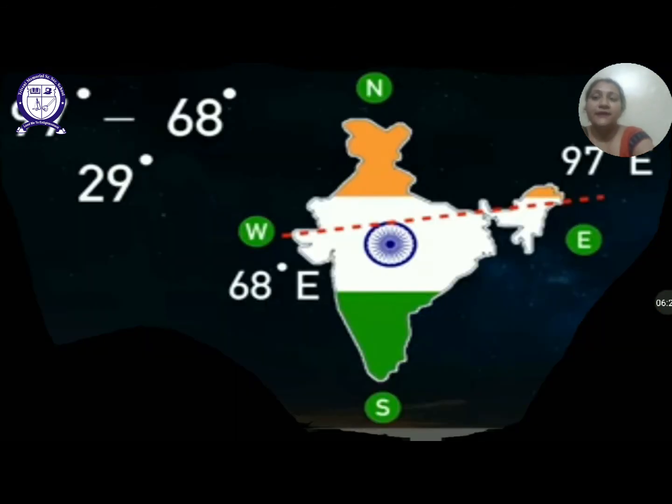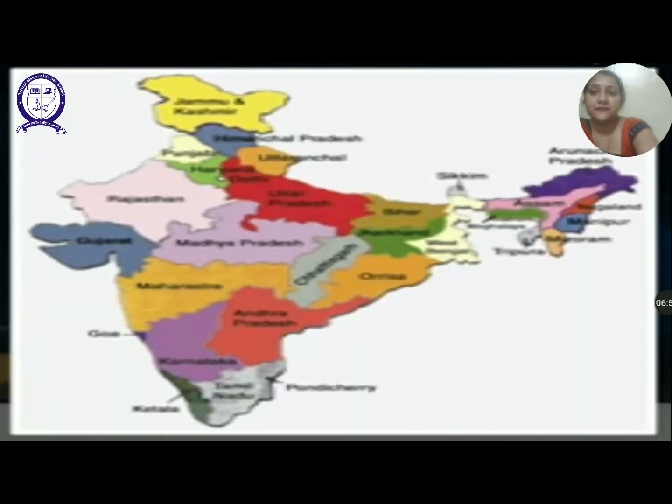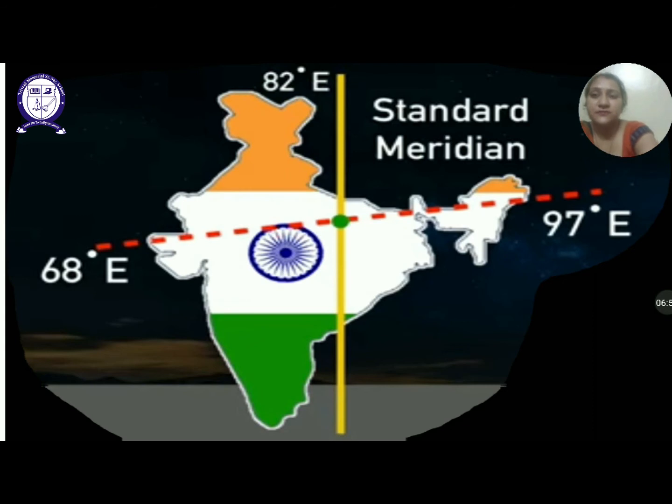Our longitude is 68 degree 7 minute east and 97 degree 25 minute east. So we can see the time change from Gujarat to Arunachal Pradesh, that is 29 degree. So why is this?